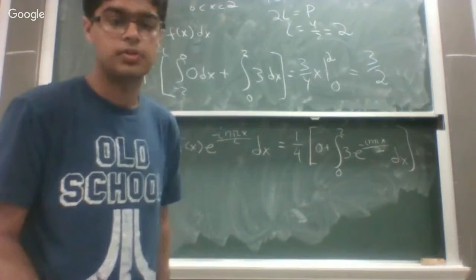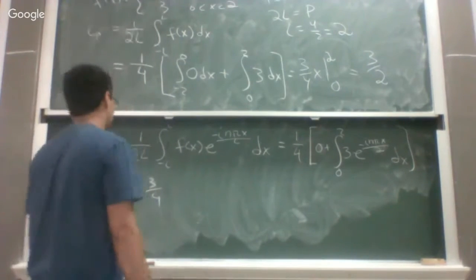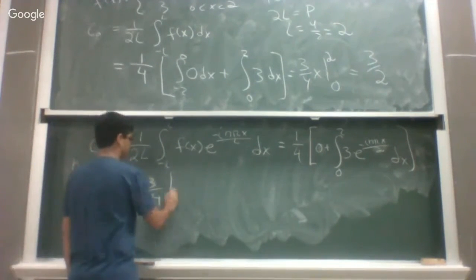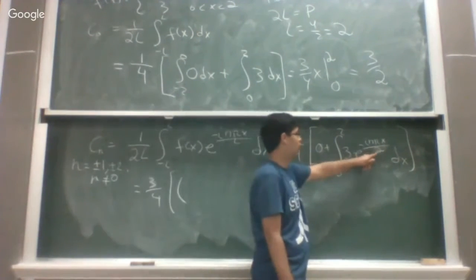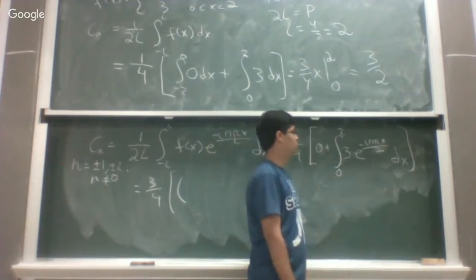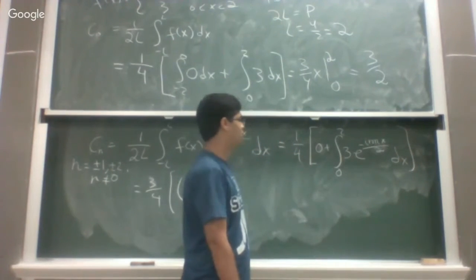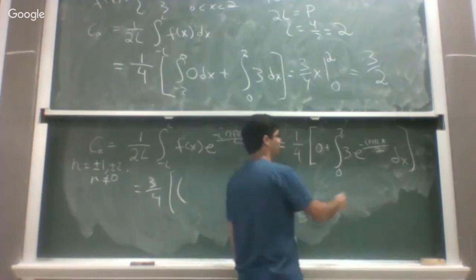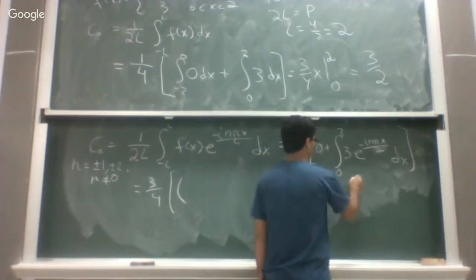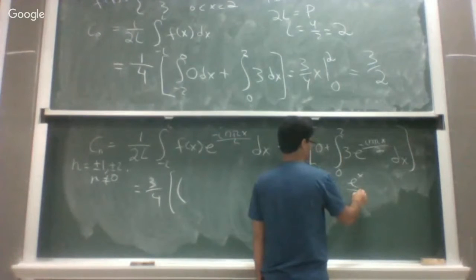Why do they not do it as 3/4 times? So then what's the integral of it? It's e to the x over x dx, right?